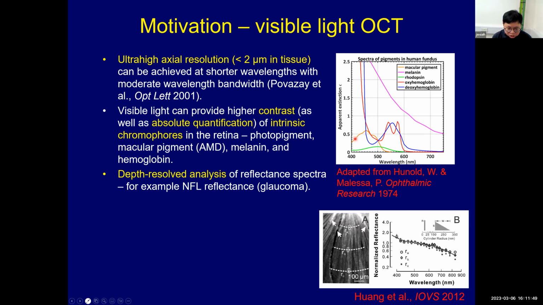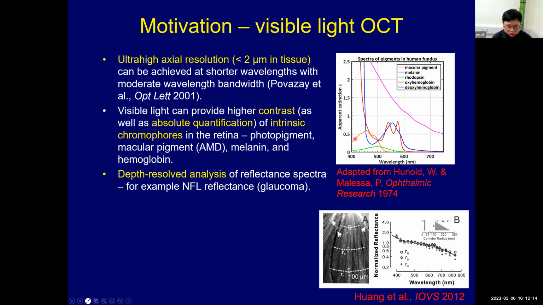Visible light has also been shown to let you look at the nerve fiber layer, because in the retina there's a lot of nerve, and studies have shown that the reflectance pattern of the nerve can predict the health status of the retina.